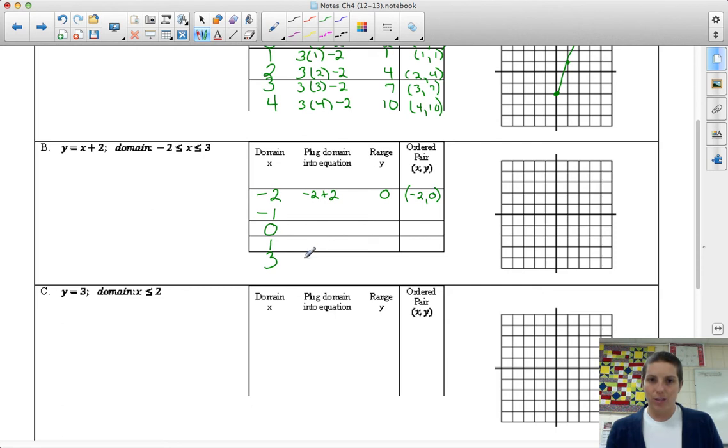So 3 plus 2, which is 5, that point 3, 5 is my ending point. All the points in between are included, but this is my start, and that's my end. Because my domain is restricted, I cannot draw from edge to edge necessarily. I'm going to finish my table and then come back and finish the graph.